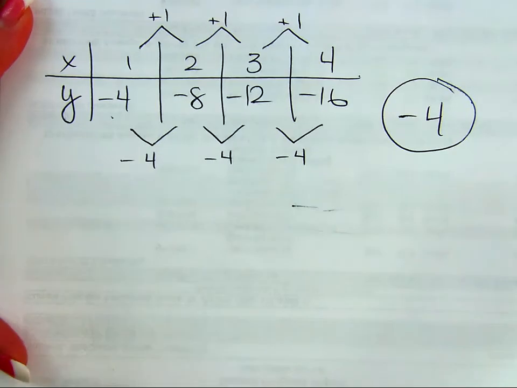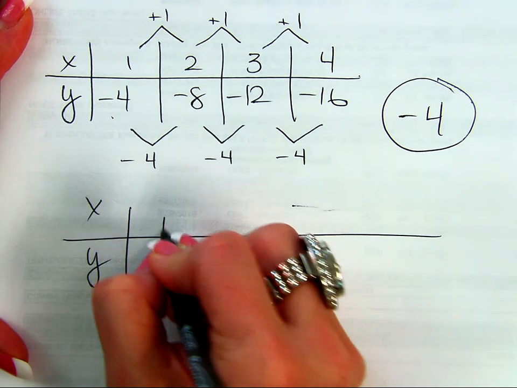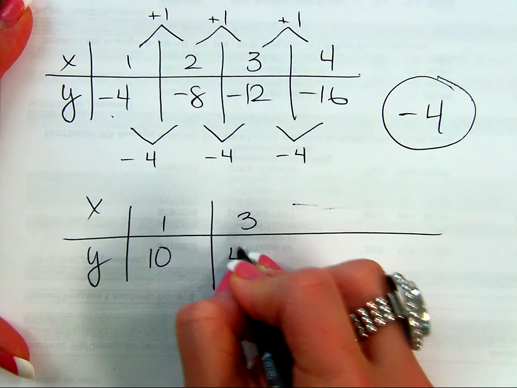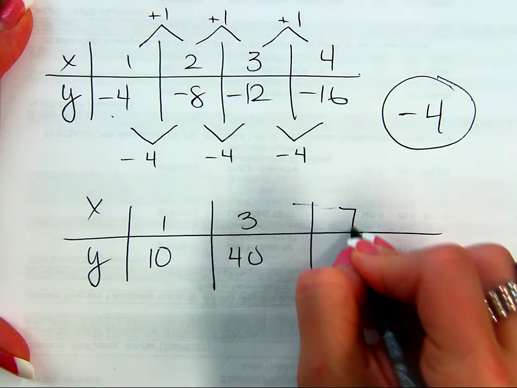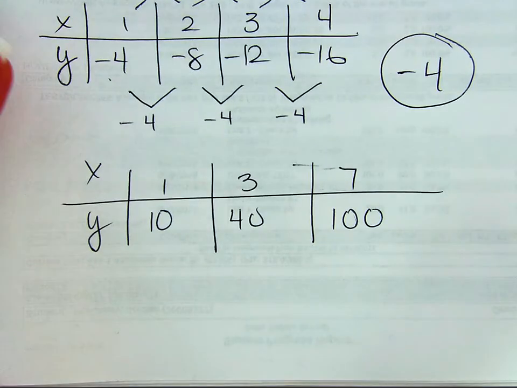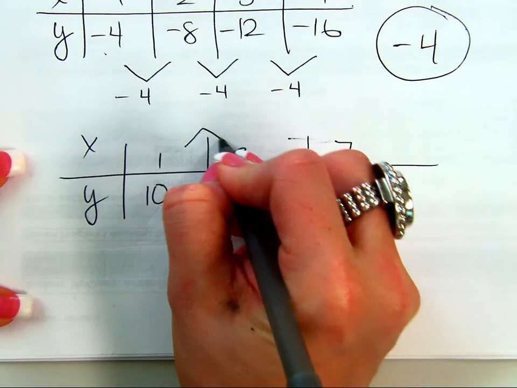All right. So now let's take a look at another one. 1, 10, 3, 40, 7, 100. Oh, I know you're like, what? Because this is ugly. So I really want you to think about this. Because first of all, it's not going by 1s.